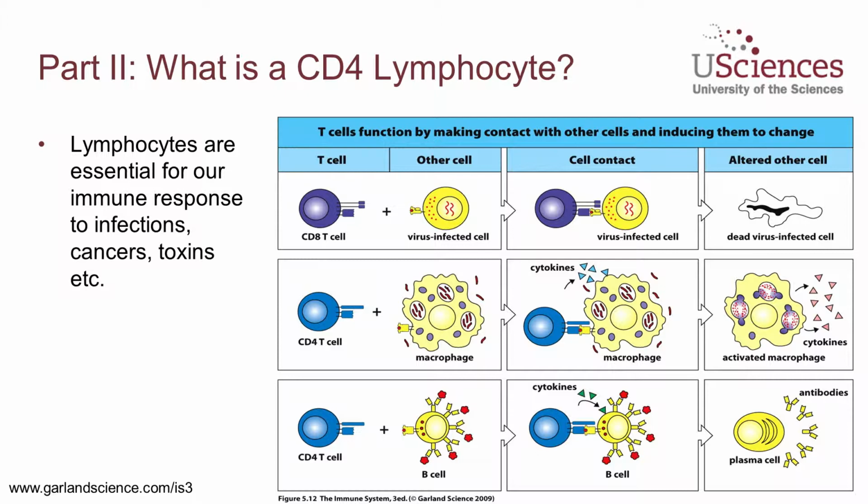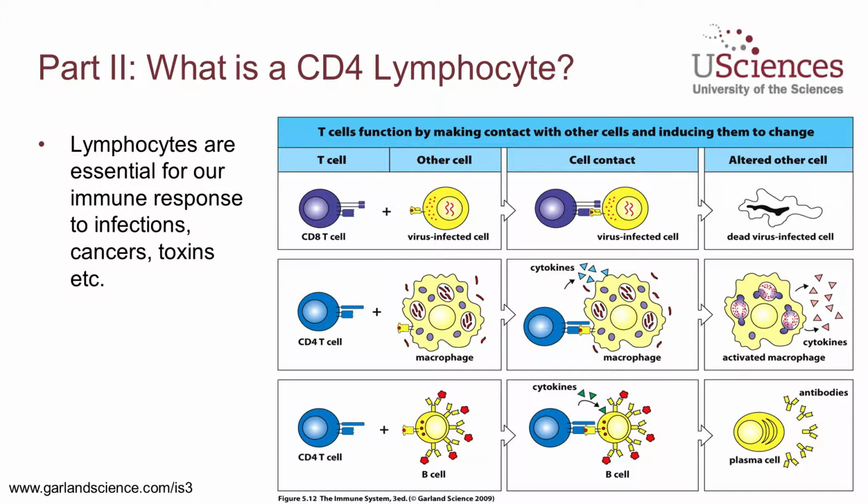The T lymphocytes are your other major type of lymphocytes, and they have varied jobs and a few subgroups. We have CD4 T lymphocytes and CD8 T lymphocytes, named after the little protein receptors on their surface.